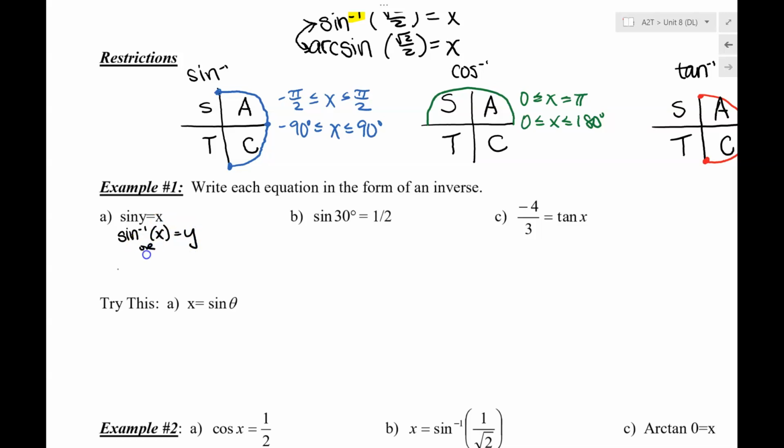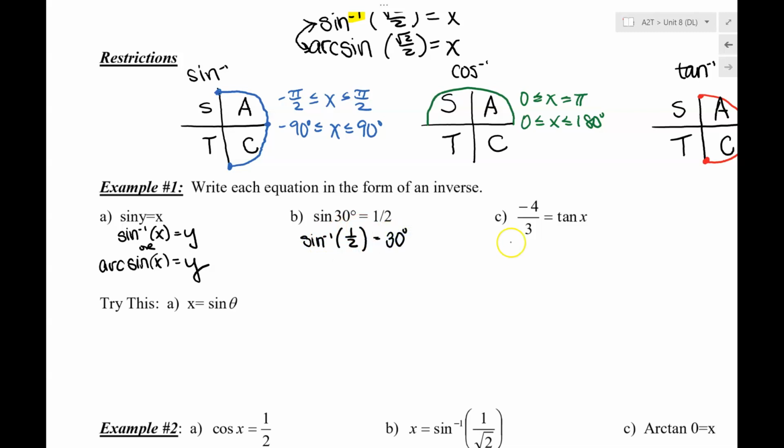You could also write arc sine of x is equal to y. You don't necessarily need the parentheses. I like it to distinguish what I'm taking the inverse of. Personal preference. For b, we're going to take the inverse sine of the side ratio or the original output, and it equals the degree measurement.